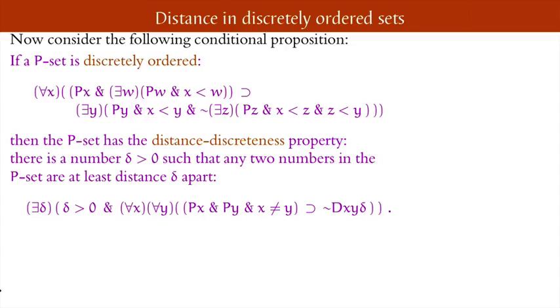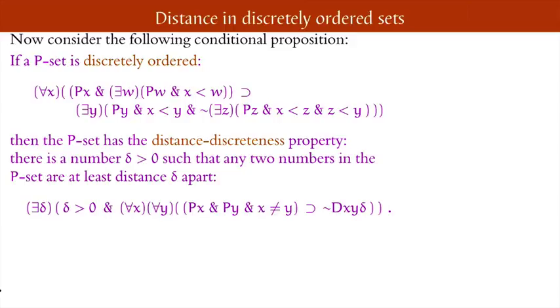So it's natural to ask, well, is there a corresponding distance discreteness property? Well, a good candidate is that expressed by the second formula displayed, saying there is a number delta greater than 0 such that any two numbers in the P set are at least distance delta apart.